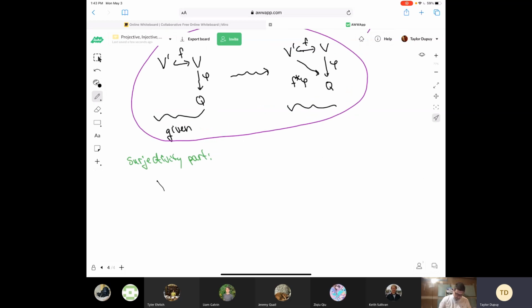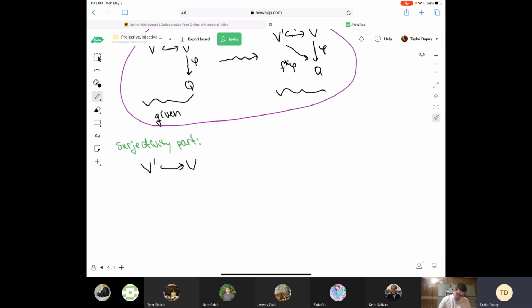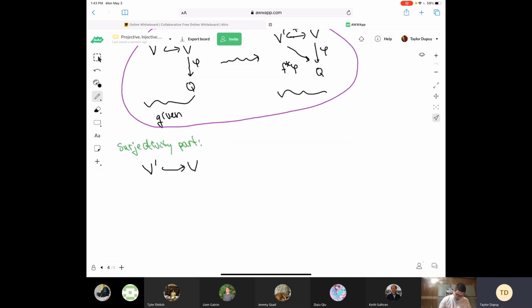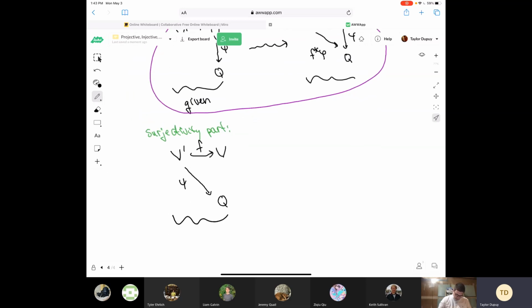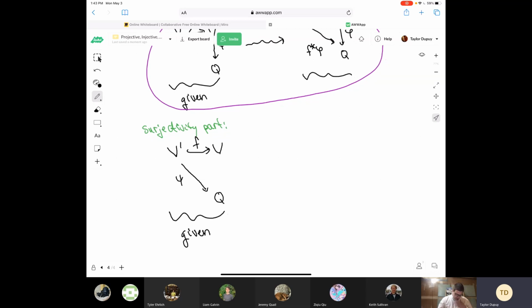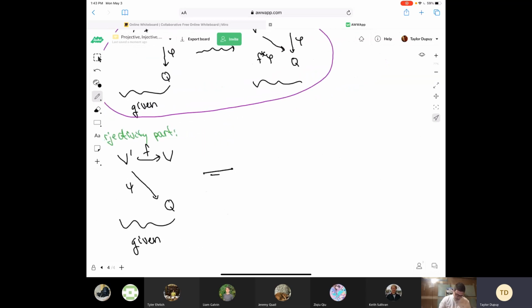For the surjectivity part, let me go back to making this a little bit bigger. It says that when you have a situation like this, where this is an injection and you have a map here, psi, then by Q being injective, this thing is a pullback.